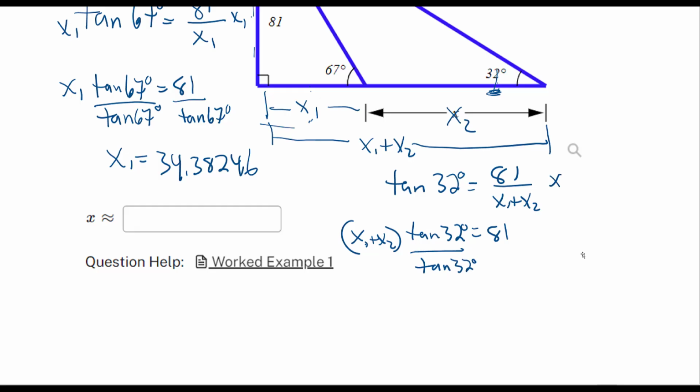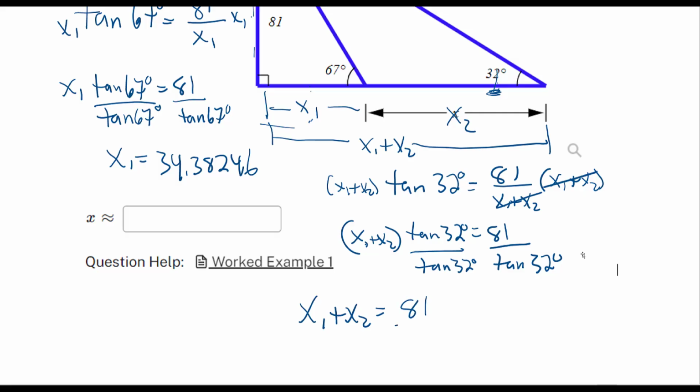By the way, I would just multiply by x1 plus x2. I didn't explain that, so there you go. Divide by tangent 32 degrees. So x1 plus x2 is going to be 81 divided by tangent of 32 degrees.